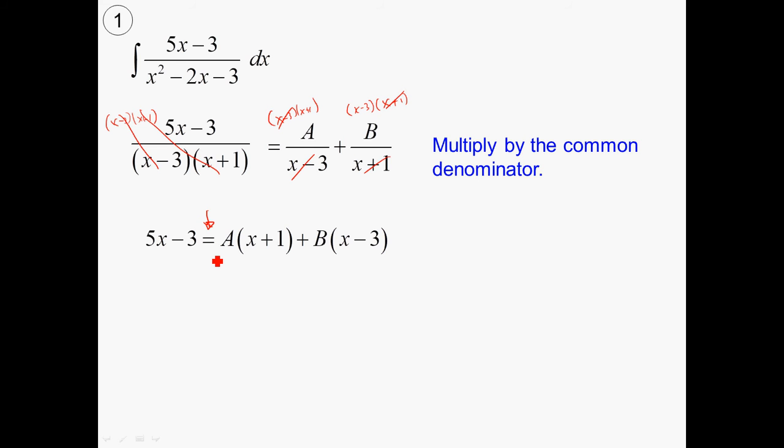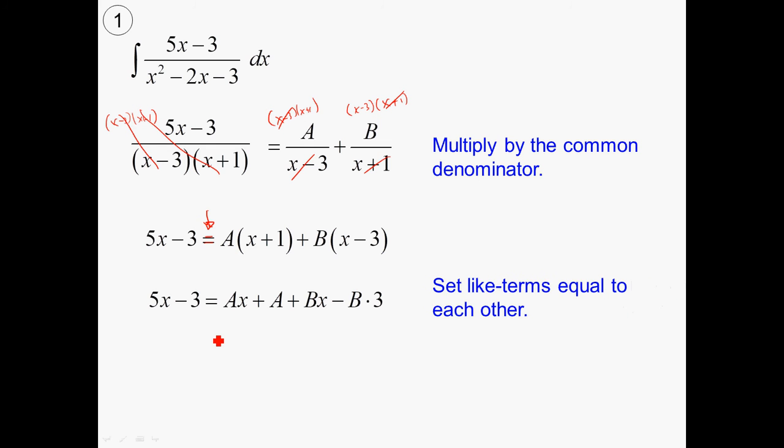Now, here's something that you might not think of until somebody tells you. If I have an equal sign, it means that when I solve for whatever x I use, has to make these equations equal. I can test whatever x I want. I distributed my a and my b, and then I set like terms to one another.